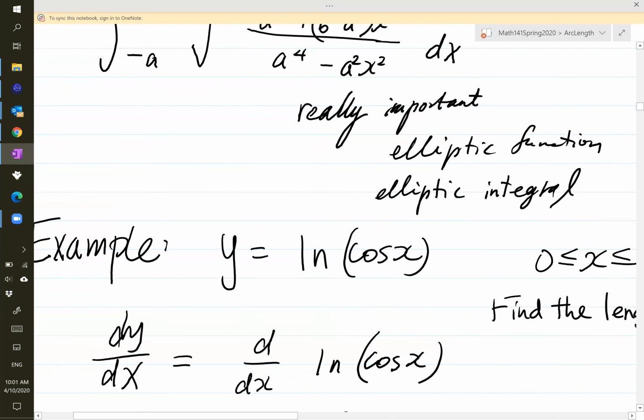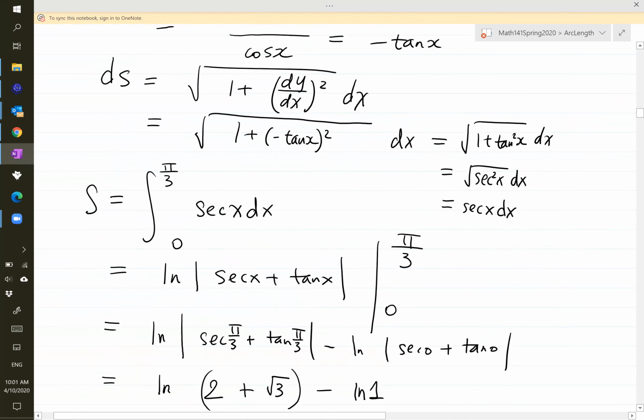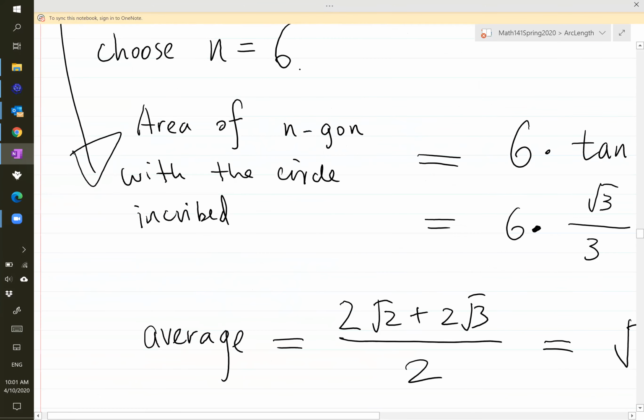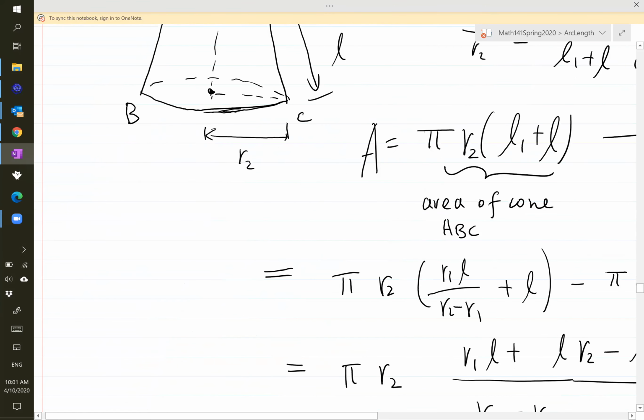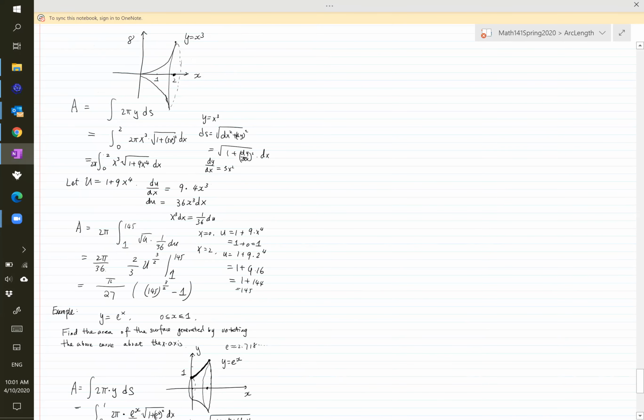Although we cannot find an analytic solution, explicitly finding its antiderivative, if we do rotation, it will be another story. If we do rotation, we find the area obtained by rotation.